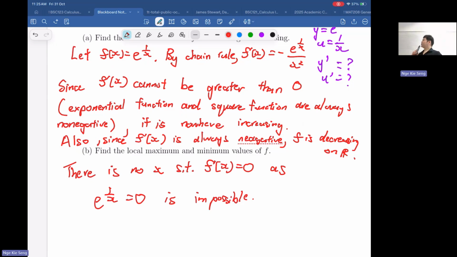But then, do you have a singular point to take care of here? It is singular at x equals 0 as well, right? Is that point a local max or minimum or not? Should we check it?